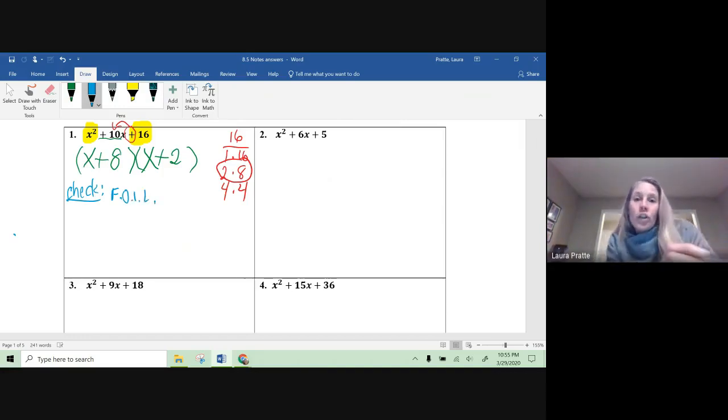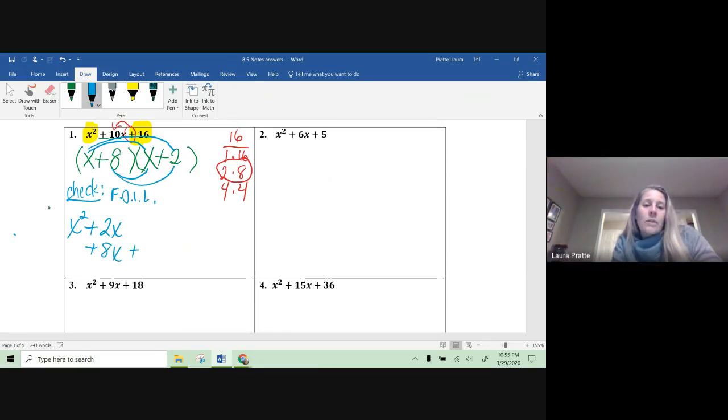So if we were going to check this one, we would do x times x, which is x squared, then x times 2, positive 2x, 8 times x, positive 8x, and then 8 times 2 is positive 16. And then, of course, those middle two terms are like terms, so you would add those up. And notice that you get back to that original problem, and that's what we're trying to do there.